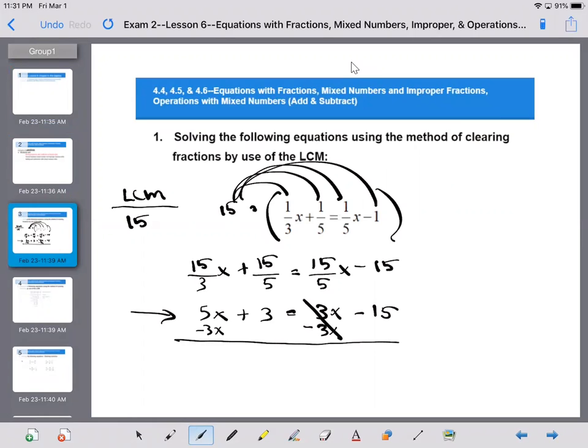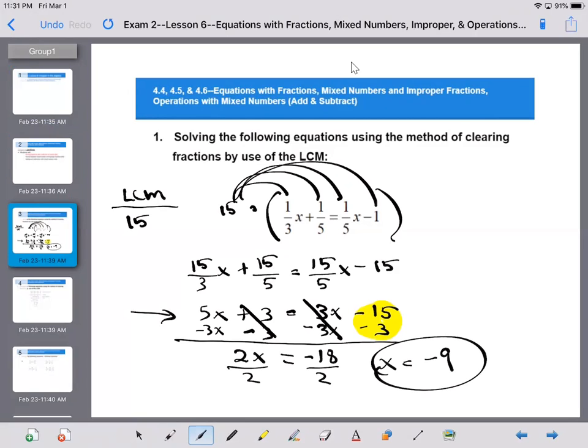And I'm going to move my constant to the other side. So that will go to 0. So I'll have on the left side 5x minus 3x, which will be 2x. And then right here, we just need to be careful with our signs. That's going to be -15 and a -3, which would be -18. So then I'm going to divide both sides by 2. So x would equal -9.